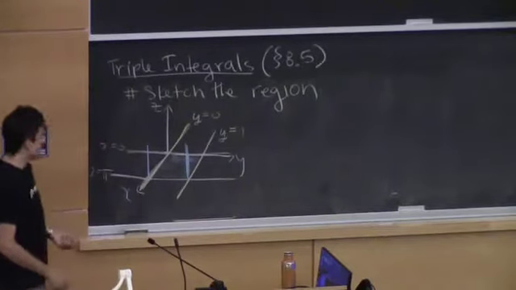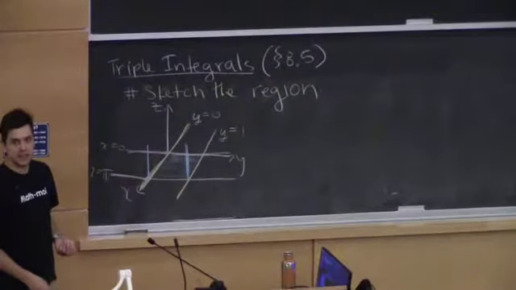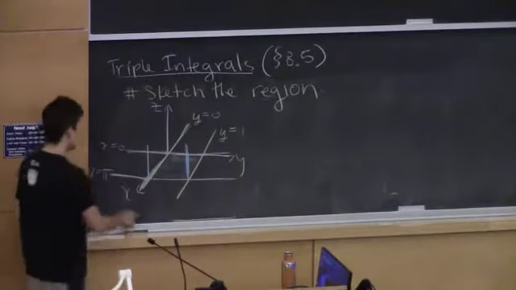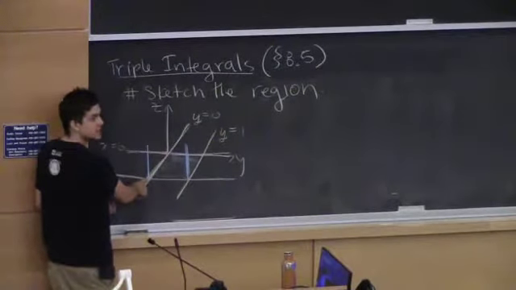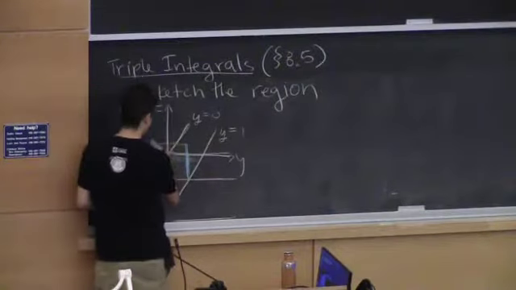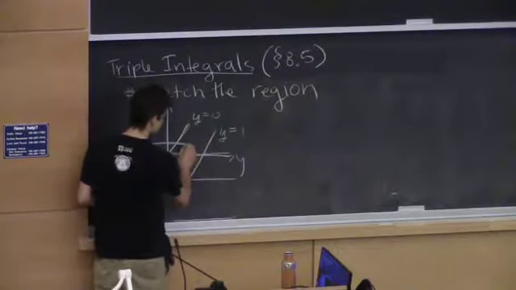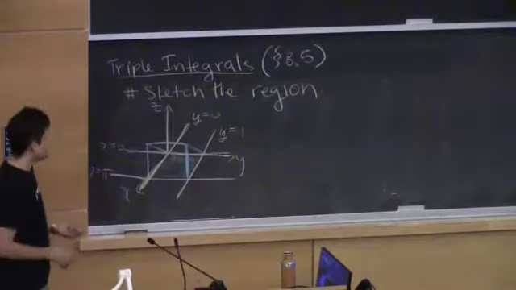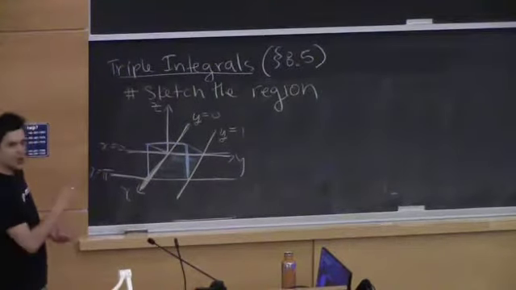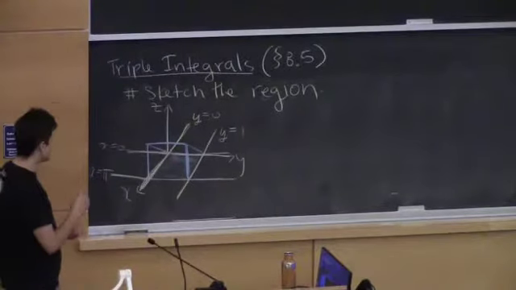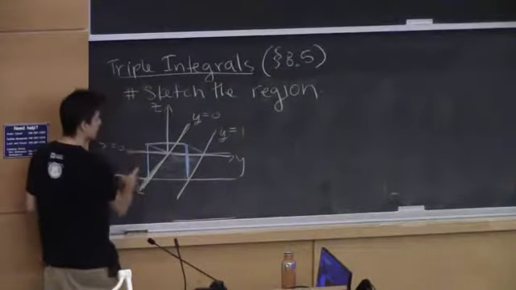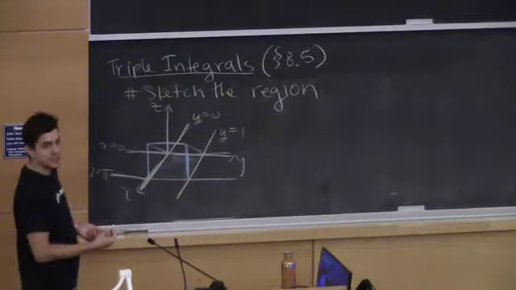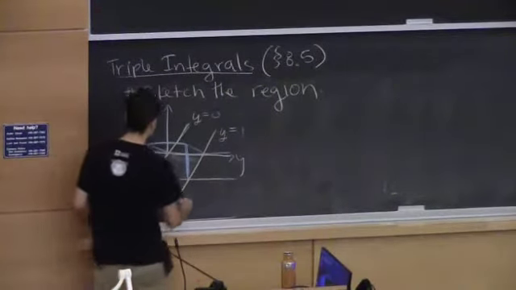Okay, so the highest that z can be is when x is equal to pi, right? x is equal to pi, that's the biggest z could possibly be. And then we have this kind of slanting roof that goes down. Okay, it's hard to draw these 3D things, so it's helpful to label all the points of intersection that you can, basically, to really understand the shape of the thing.